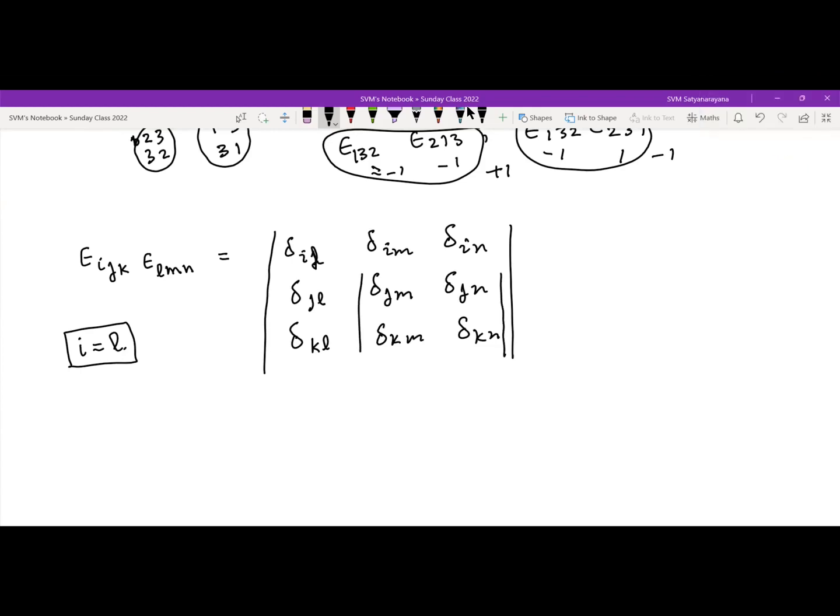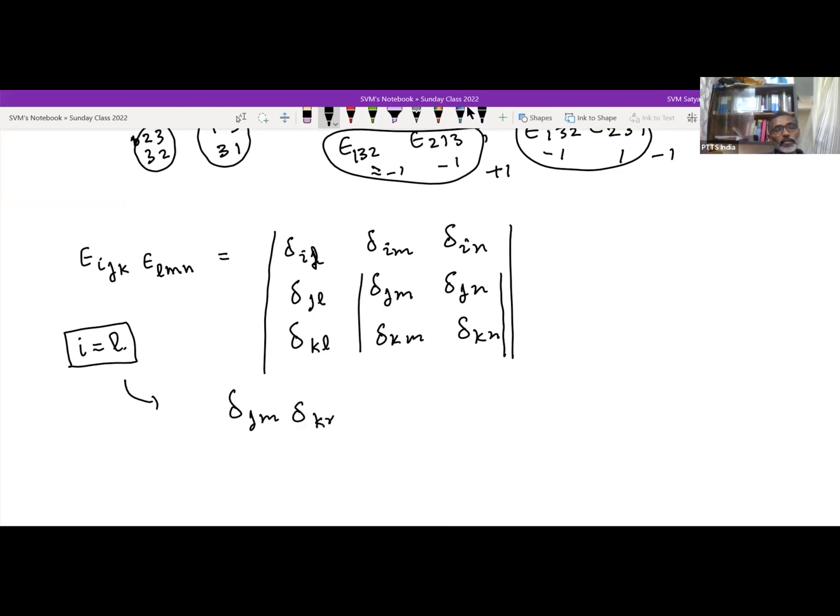If i is equal to l, then only this term will be non-zero. These terms will all be zero. So your determinant will simply be delta jm, delta kn minus delta jn, delta km. That is what we have seen in the previous result.